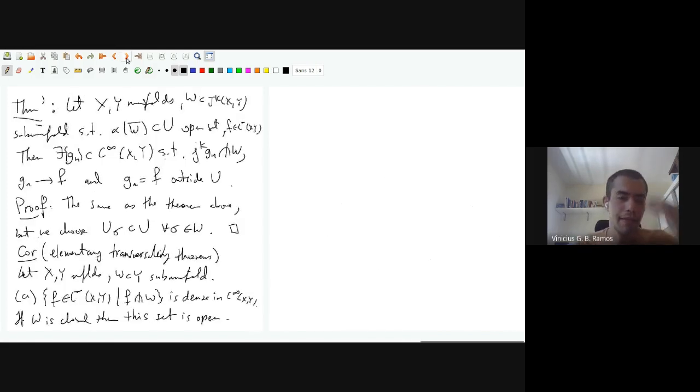And the second part, which is basically relative transversality, is if you fix a set, you can achieve transversality outside of that set if you give yourself a little wiggle room.